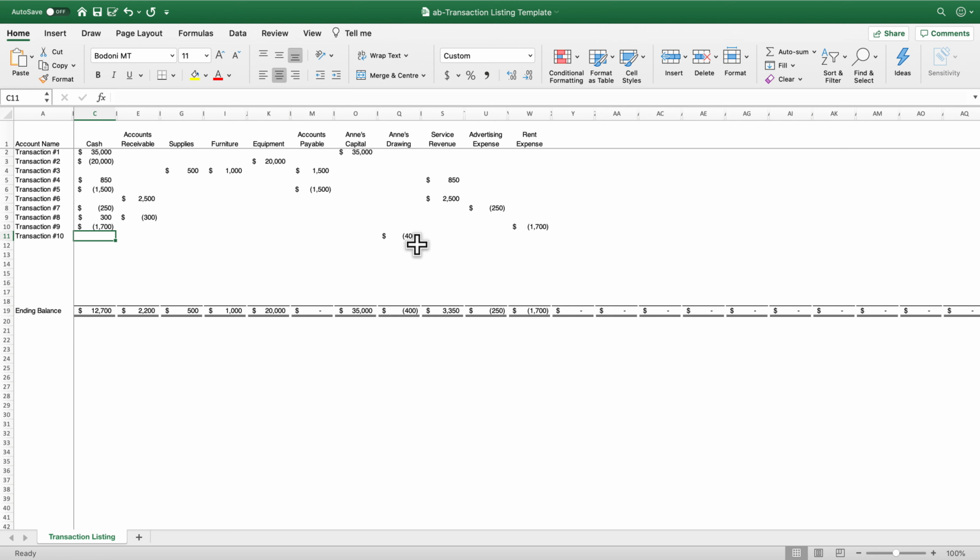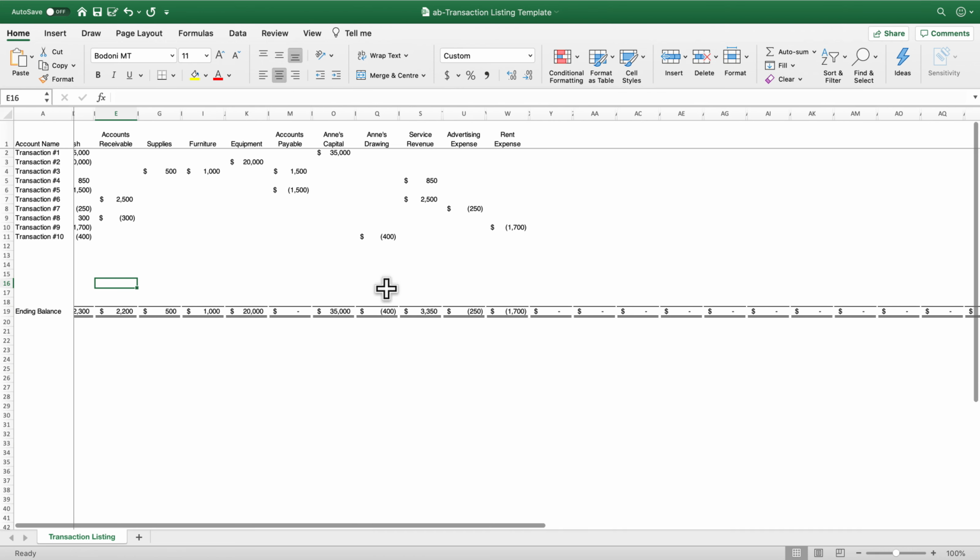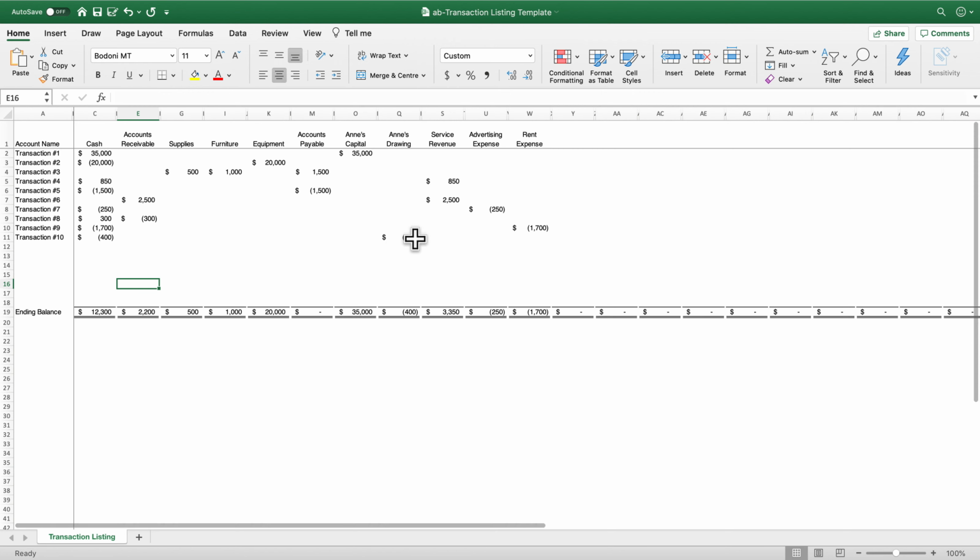She no longer has claim in this $400 because she withdrew it from the organization. And that's $400 cash coming out of the cash account. So we have Anne's drawing of $400, and we have the cash of $400 coming out of the cash account because she took that out of the organization for her own personal use.